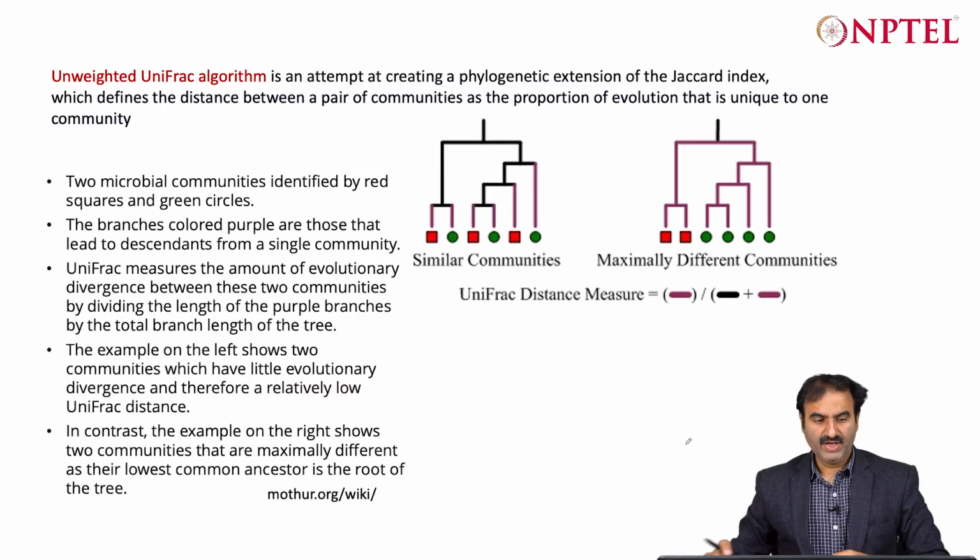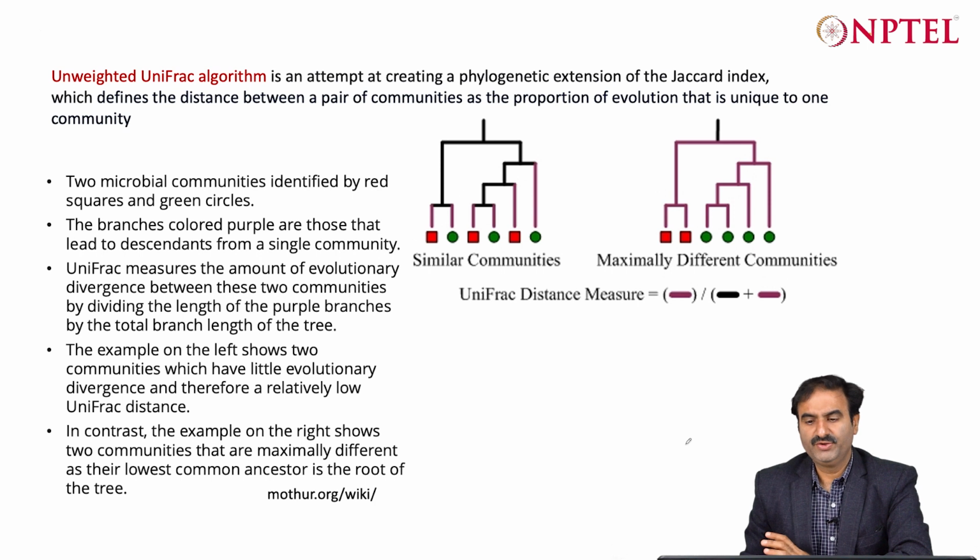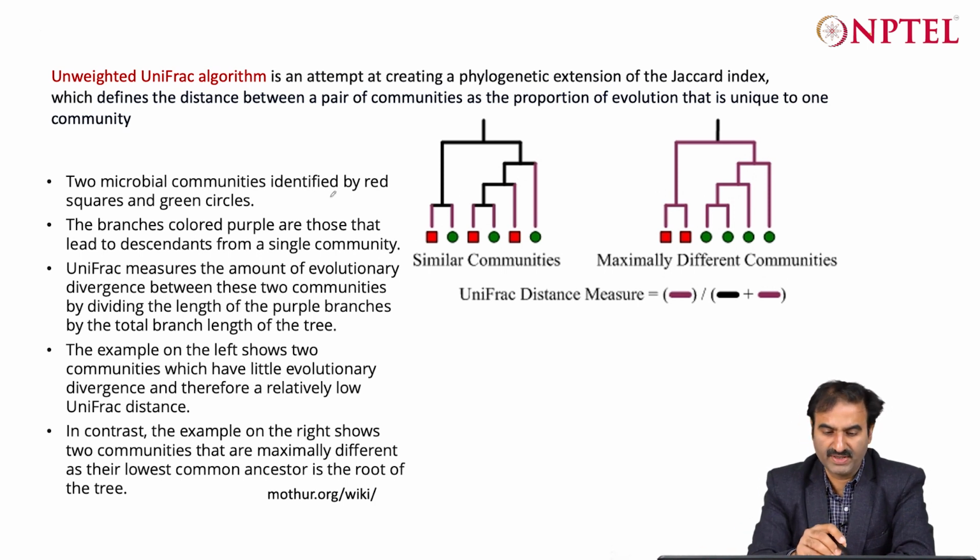Okay. So in UniFrac, if we go further, we want to create a tree using the phylogenetic distance between the species. We want to connect these species. So, for example, there are two communities which are identified by green circles and red squares.